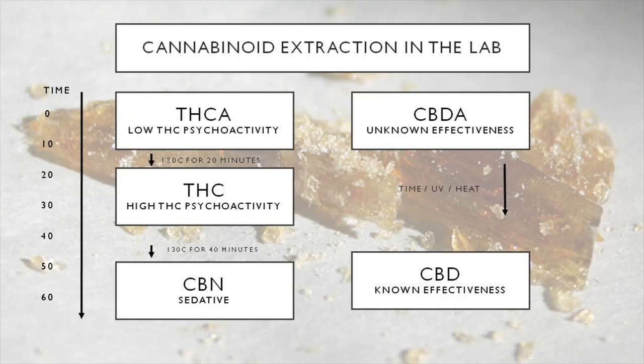So the higher the heat, the shorter the time. 120 is actually the lowest temperature, but 130 makes sure that it actually happens. And it's also the same temperature at which CBDA will degrade to CBD.